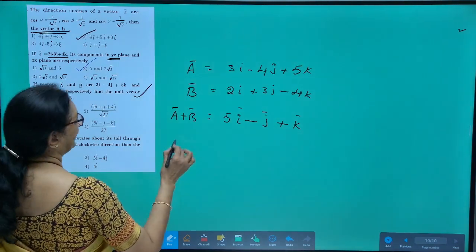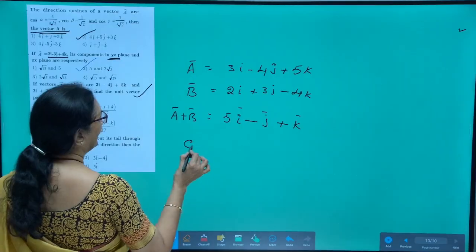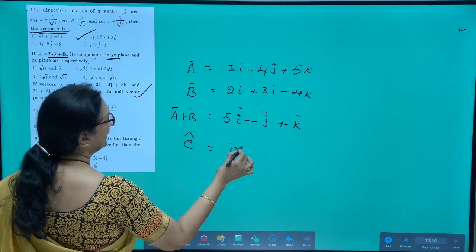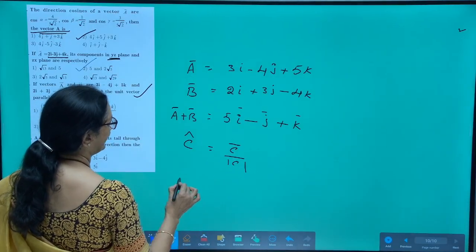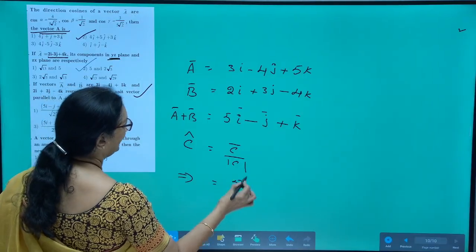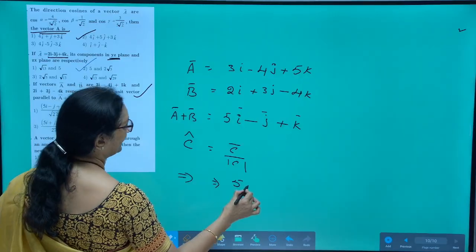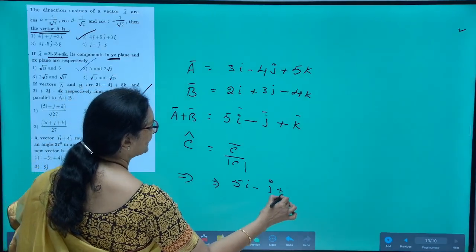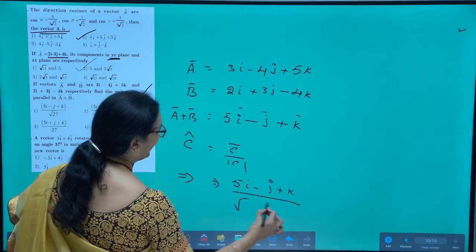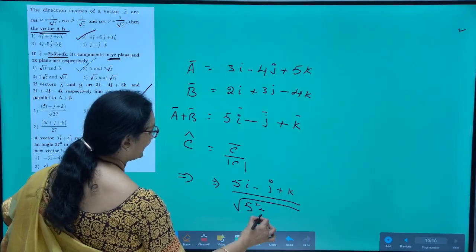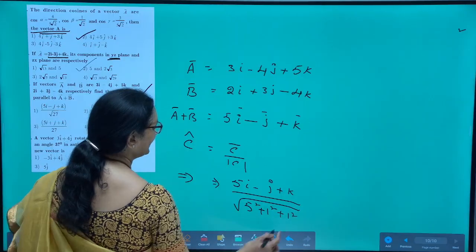So, suppose this is C bar, the unit vector of C bar is C bar by modulus of C. This implies the unit vector of A bar plus B bar is 5i minus j plus k divided by root of 5 square plus 1 square plus 1 square.